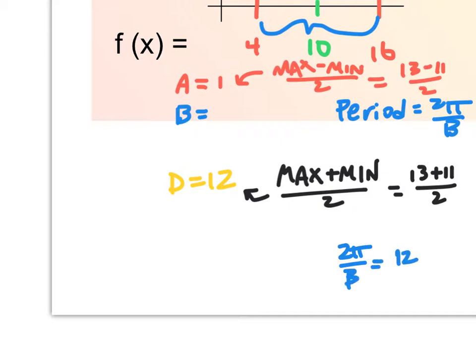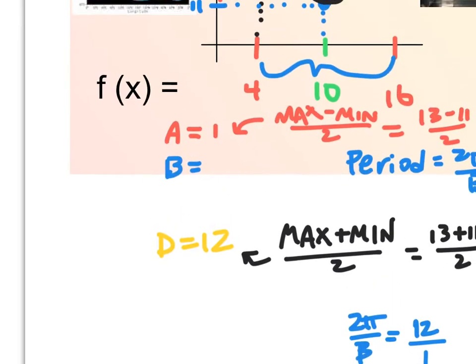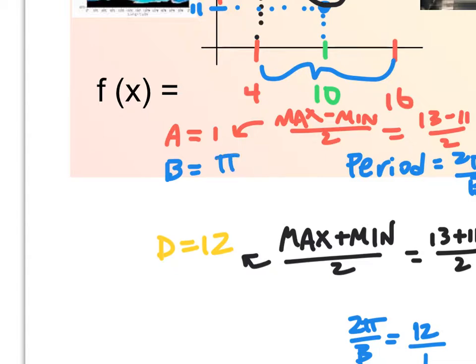So to solve for b, I would cross multiply. And so I get 2 pi equals 12b. And then when I divide by 12, it looks like 2 pi over 12 gives me pi over 6. So b in this case equals pi over 6. Okay, now our last piece here, c.